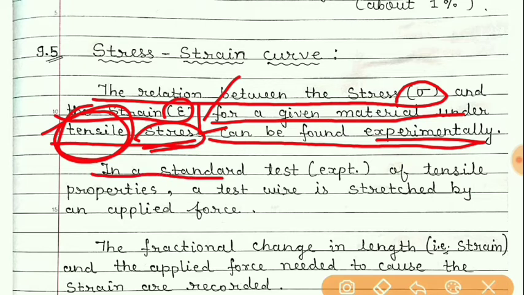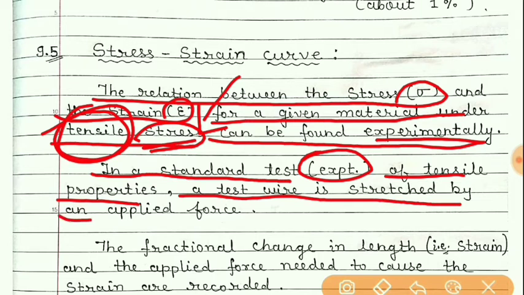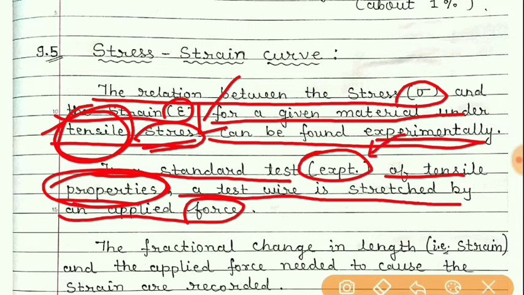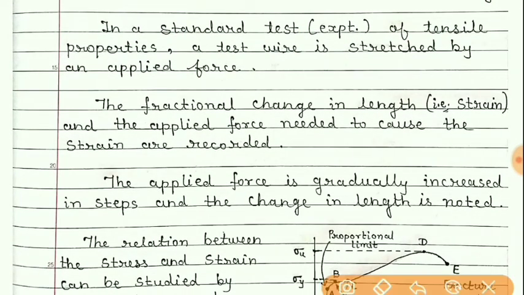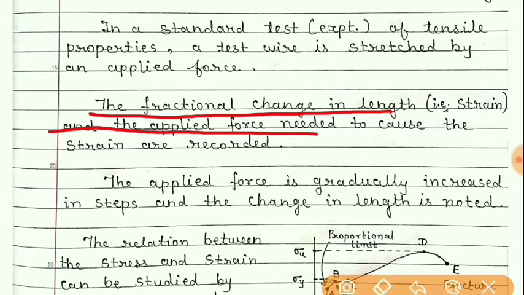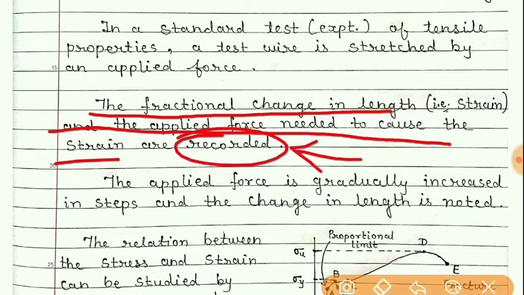Now, in a standard test, that is an experiment of tensile properties, the test wire is stretched by an applied force, to study the properties of materials. And so the fractional change in the length and the applied force needed to cause the strain are recorded. So during the experiment, we have to record the observations.